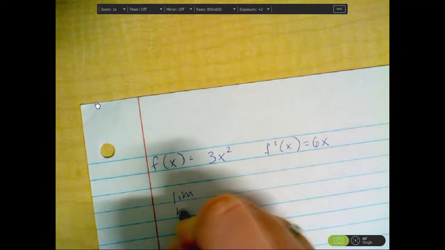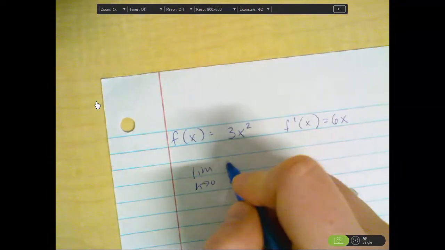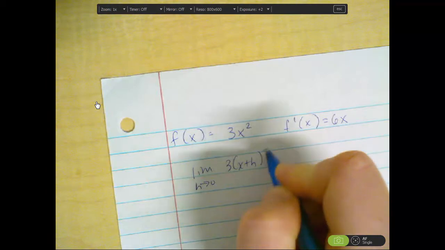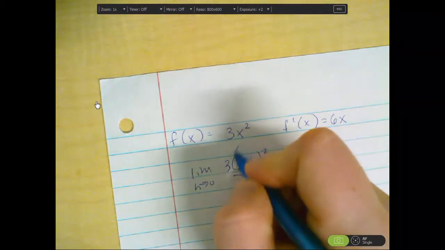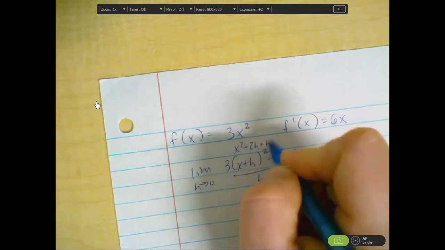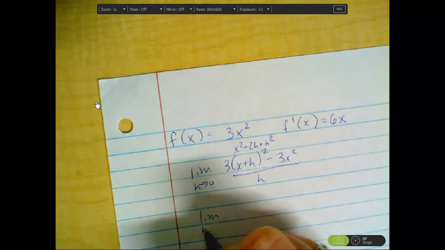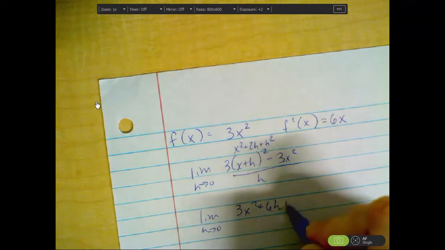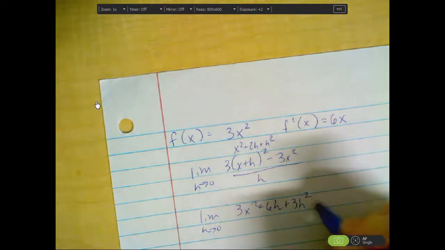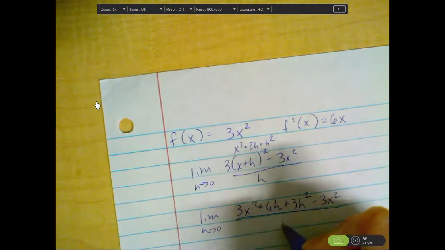Let's just do it for the fun of it. The limit as h approaches 0 of 3 times x plus h squared minus 3x squared all over h. This is x squared plus 2xh plus h squared. When I distribute, I get 3x squared plus 6xh plus 3h squared minus 3x squared all over h.